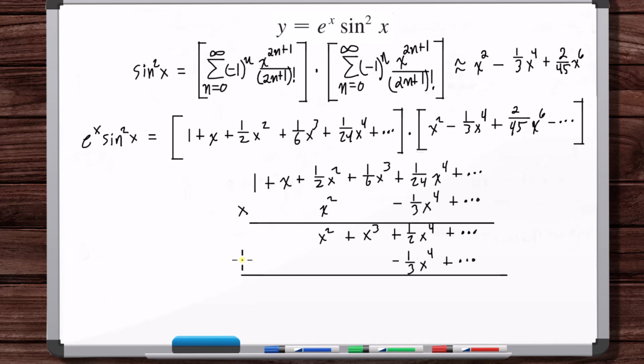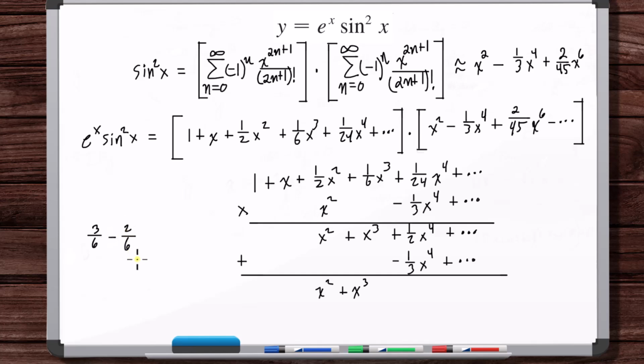So, okay, you add these, you get x squared plus x cubed. 1/2 minus 1/3 is, so, okay, 3 over 3 times 1/2 is 3/6. 2 over 2 times 1/3 is 2/6.